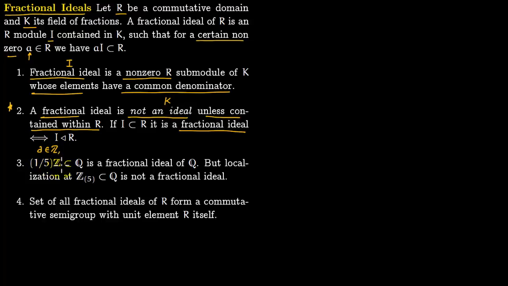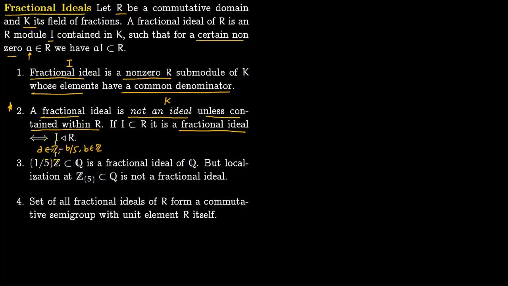So if you go back to the underlying ring, you will get the integers, but you will also get fractions of the form b over 5, where b is an integer. So it just consists of two such sets: one is just the integers, and the second is fractions of the form b over 5.